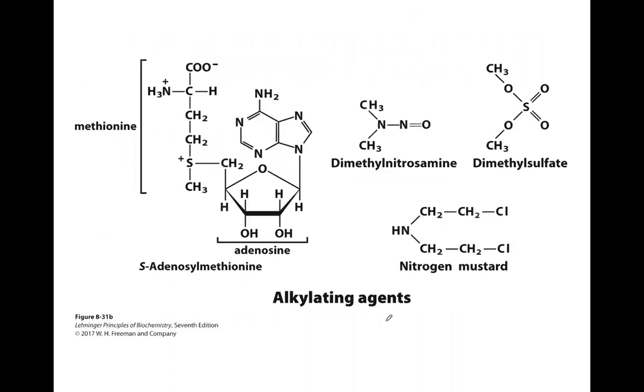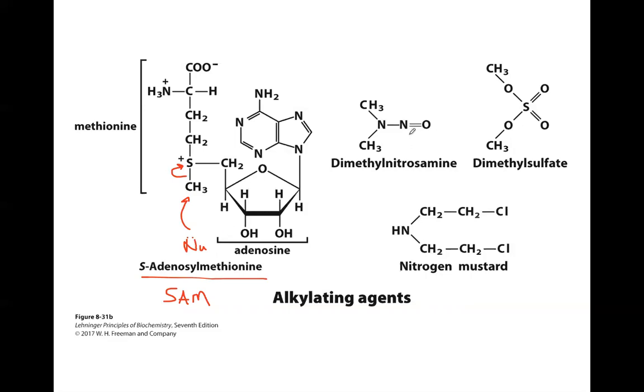So here are some alkylating agents. The most common one in biological systems is S-adenosylmethionine, abbreviated as SAM. Whenever you see SAM, you know it's a biological methylating agent, and it's an SN2 reaction. The nucleophile attacks the methyl group, and this leaves, right?